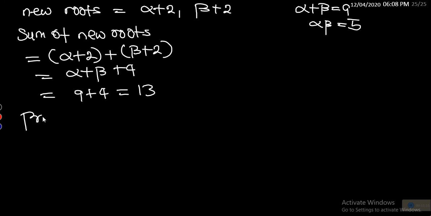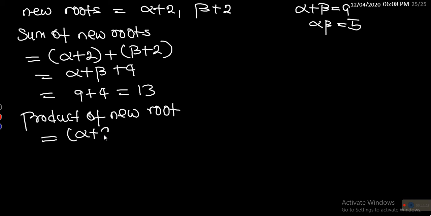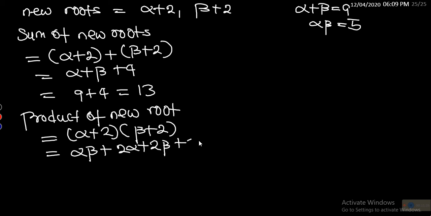So product of new roots implies alpha plus 2 into beta plus 2. If we open the bracket, then we have alpha beta plus 2 alpha plus 2 beta plus 4. And then if we factor out 2 there, we have plus 2 into alpha plus beta plus 4.